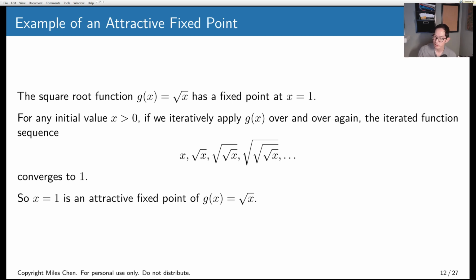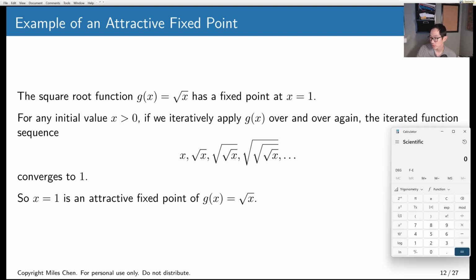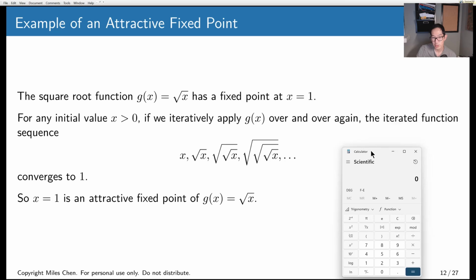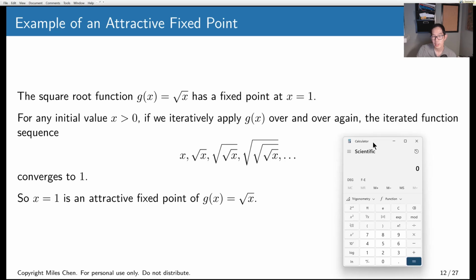An example of an attractive fixed point is the square root function. We have an attractive fixed point at x equals 1. You can see this by entering any number you want into the calculator and taking the square root. This is 15,748,945,000, etc. Its square root is 125,494.